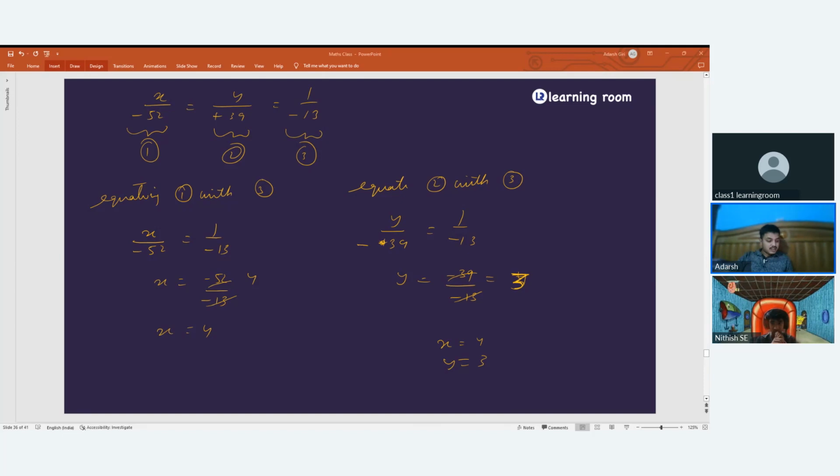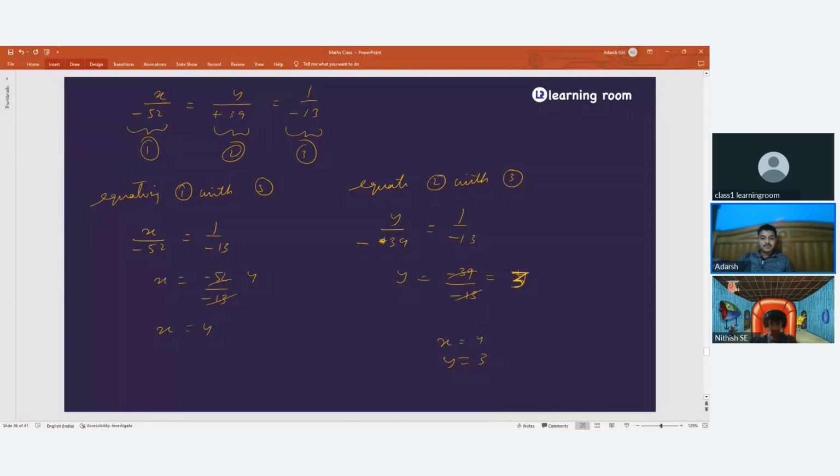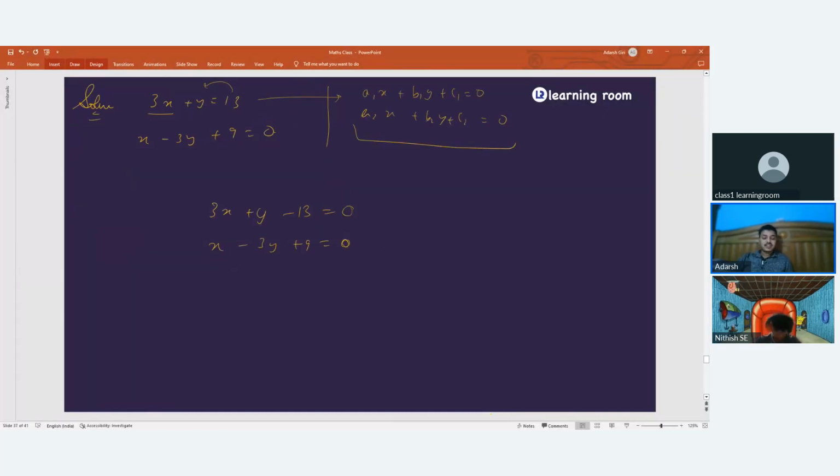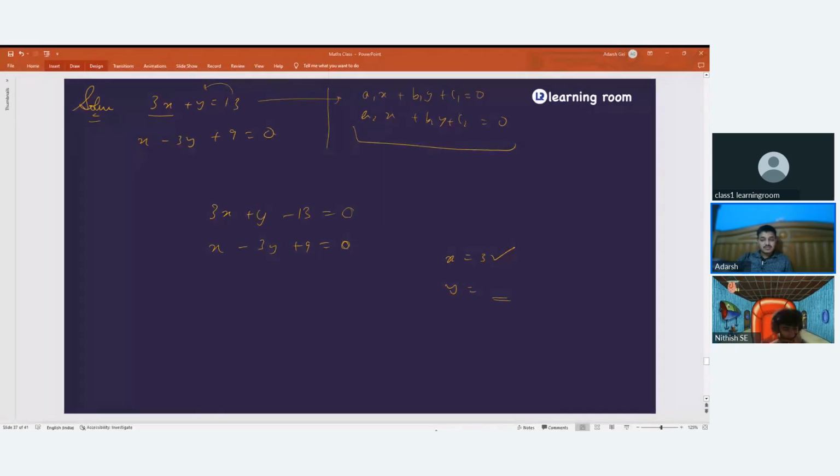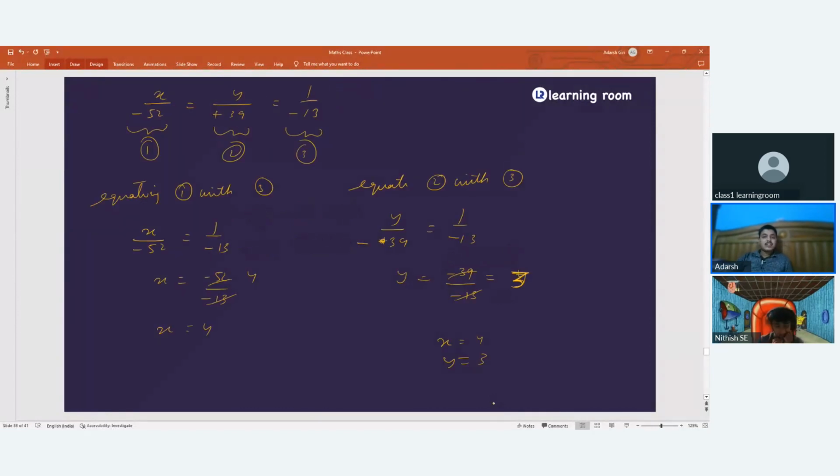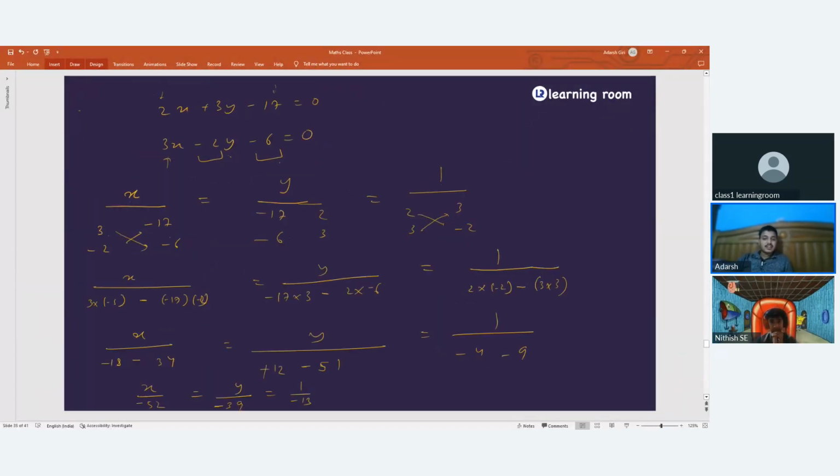Let me check. X is correct, but y's value is not correct. Just check it once. What have we done here? Did we not take the c part first and then the b part here?